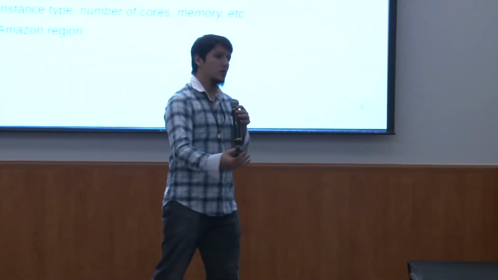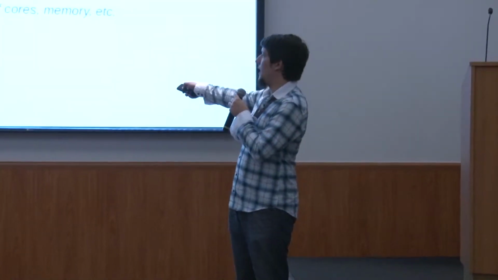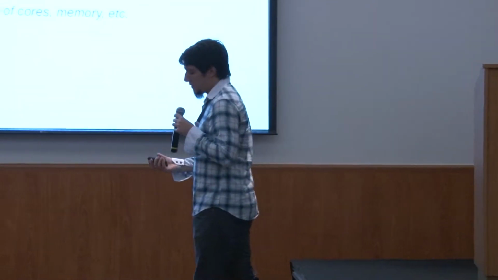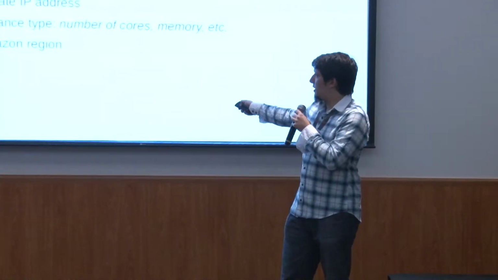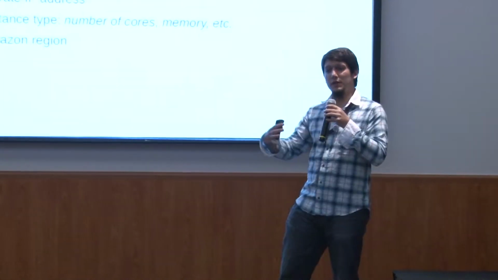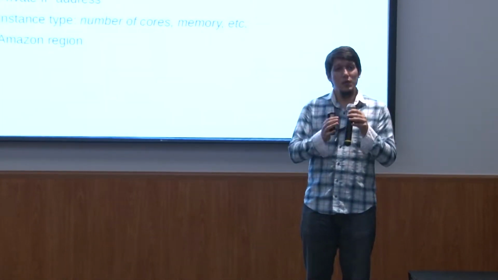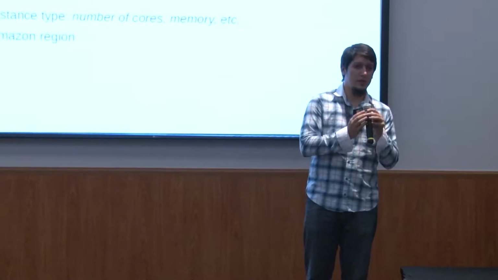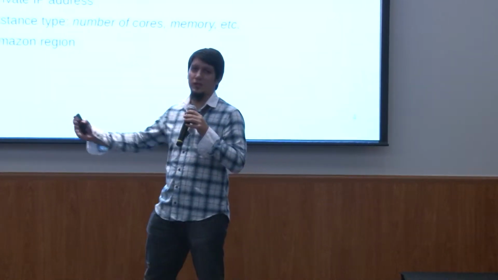I could get also from the instance metadata the AMI ID. That means that I can get the operating system, the private IP address, and many other things which live in that metadata, which is only accessible from that instance, all right? Each instance has a different metadata.